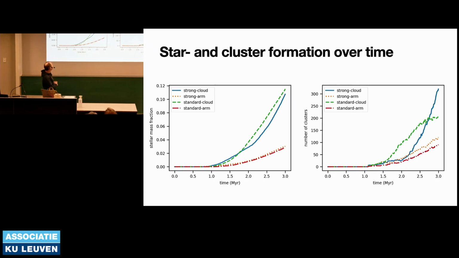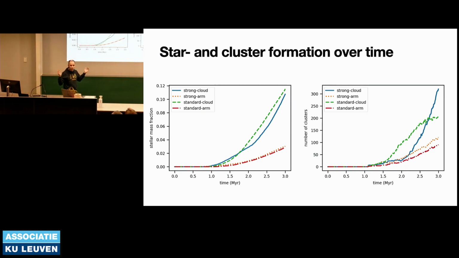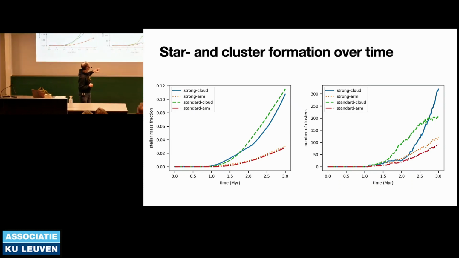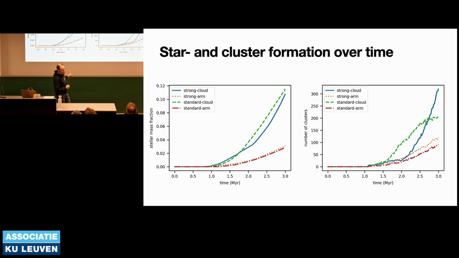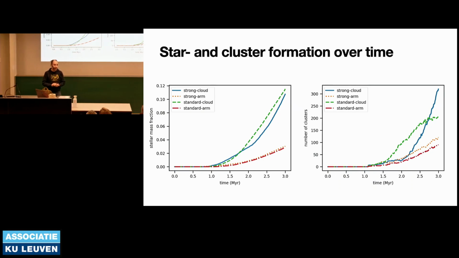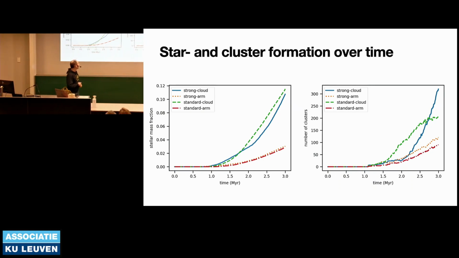So in the end, what we saw is they look quite similar, but for some reason, the number of clusters and the number of stars don't seem to do the same thing. The star formation is doing the same thing, but the number of clusters is not, and I'm not really sure yet why.